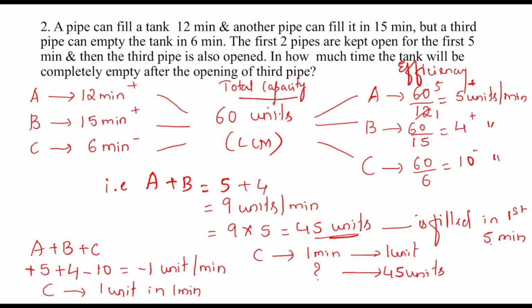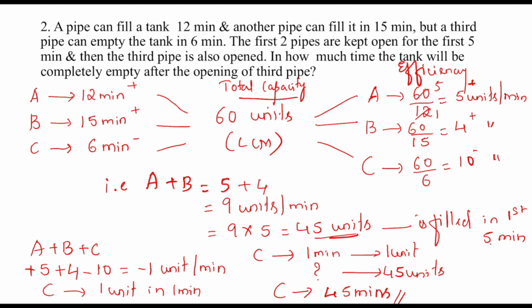If in 1 minute 1 unit of water is emptied, in how many minutes will it empty 45 units? In 45 minutes. So the third pipe, C, will take 45 minutes to empty the tank completely.